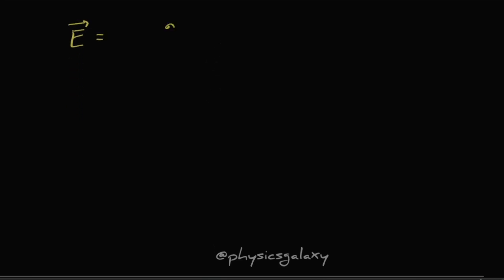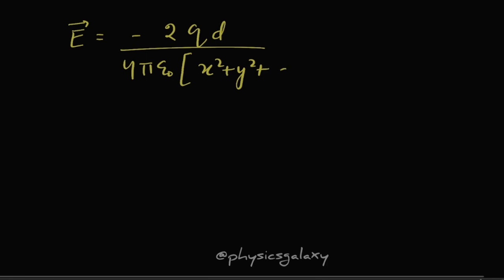My electric field at z equals 0 equals minus 2qd divided by 4 pi epsilon naught (x square plus y square plus d square) to the power 3 by 2. This is my electric field at the surface of this infinite conducting sheet.